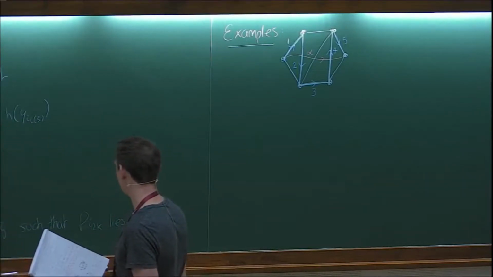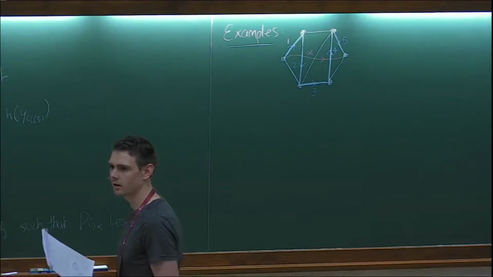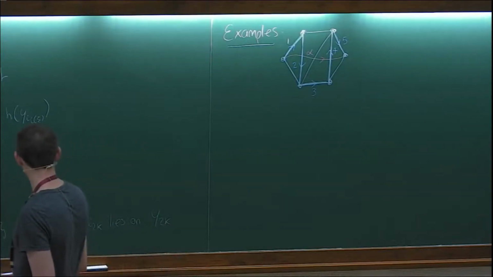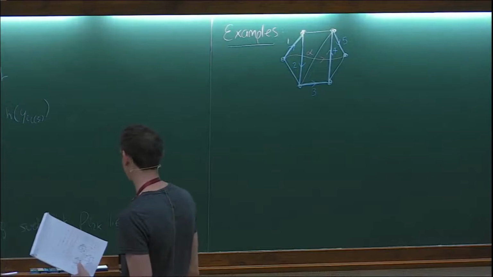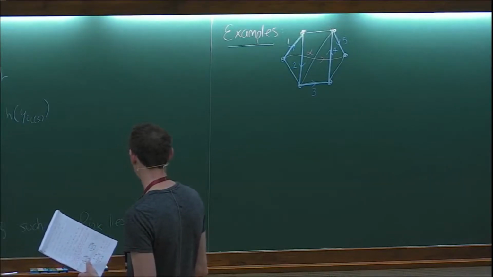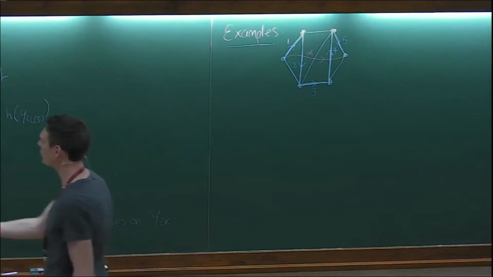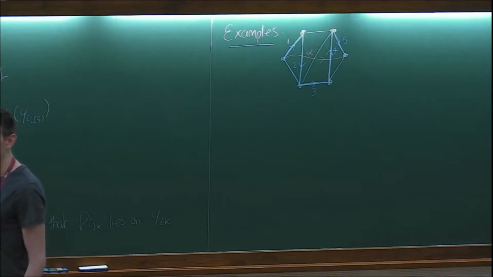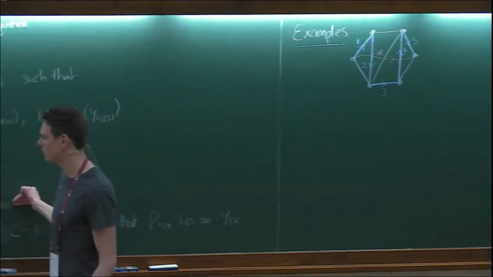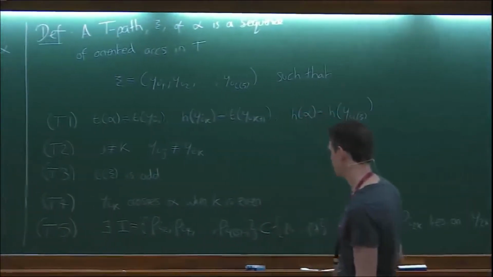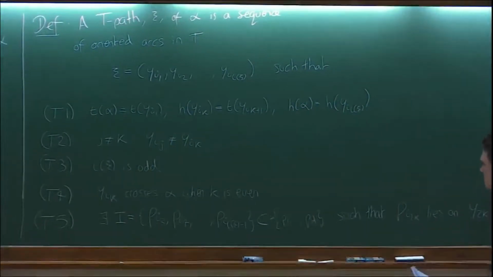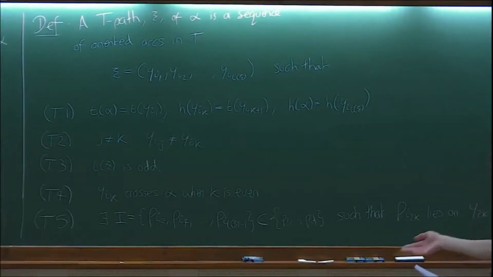I would say neither implies the other. It's just saying that these intersect. Oh yeah, I suppose actually maybe T5 does imply T4. Yes, therefore it's an even arc, and it's an intersection point.